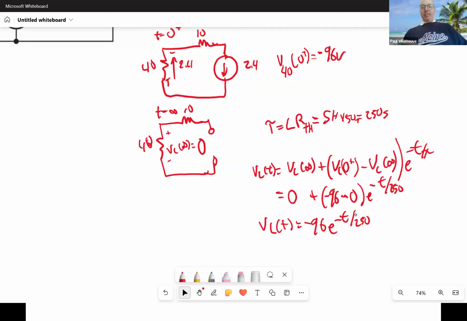Oh, L over R, yeah, not L times R. Sorry about that. My math is good, actually. It's just my equation wording is not very good. So that's going to be equal to 5 divided by 50, which is 1 over 10. So not 250, but 0.1.